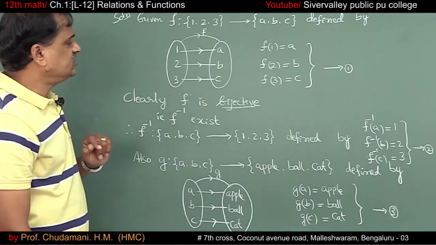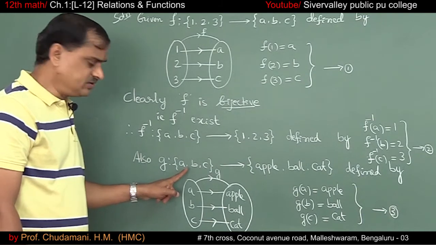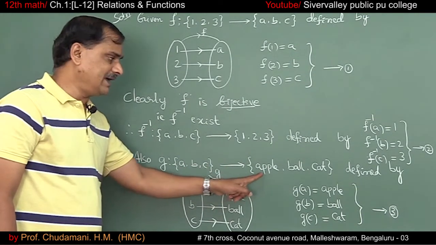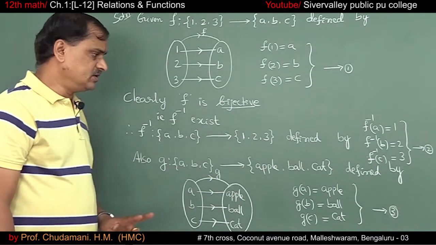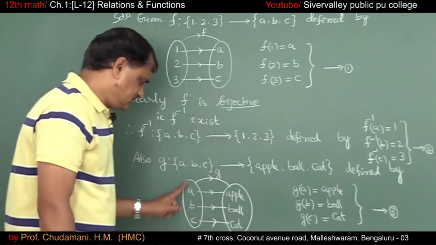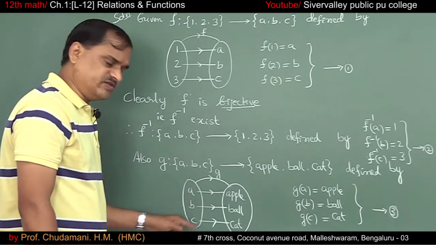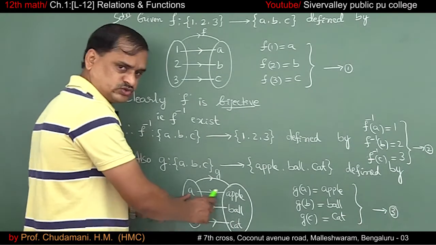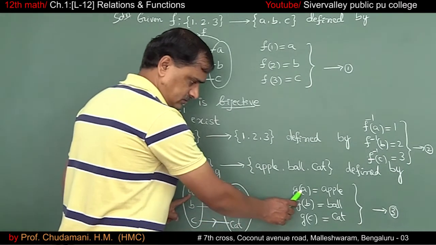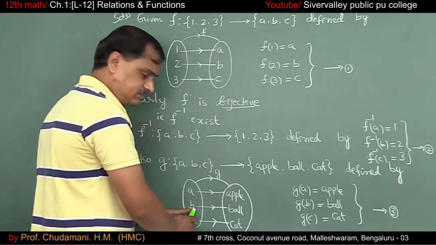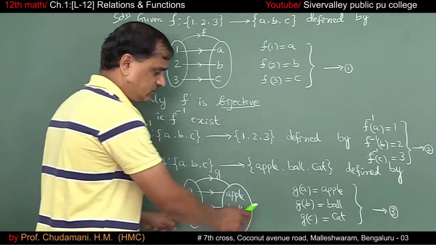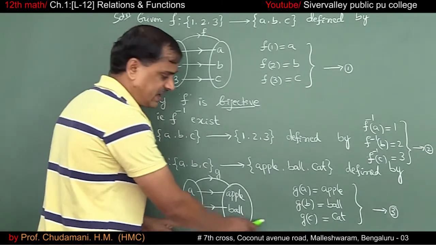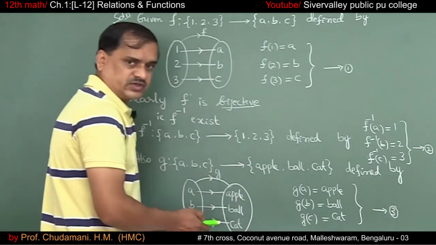Also g is another function from the set {A, B, C} to the set containing apple, ball, cat, defined like this: A is associated to apple, g of A equals apple. B is associated to ball, g of B equals ball. C is associated to cat, g of C is equal to cat.